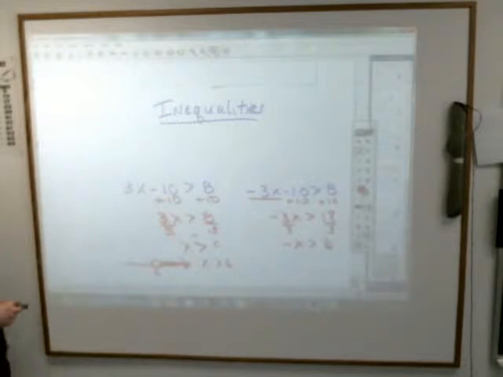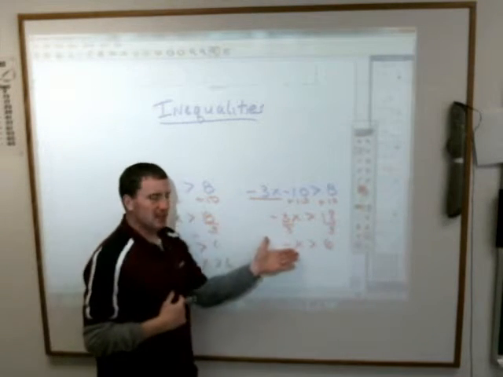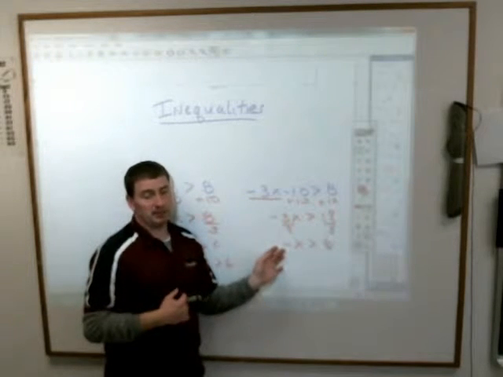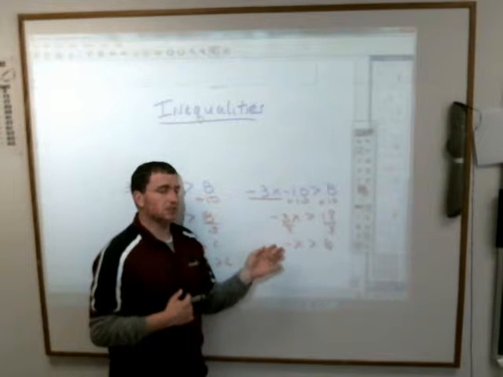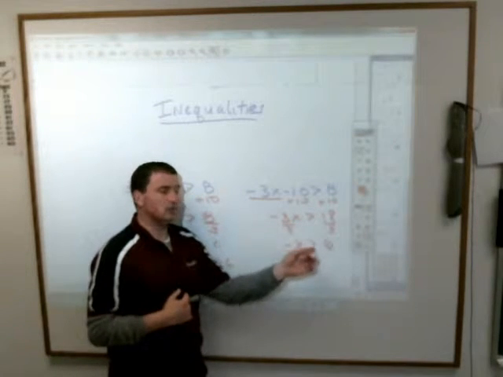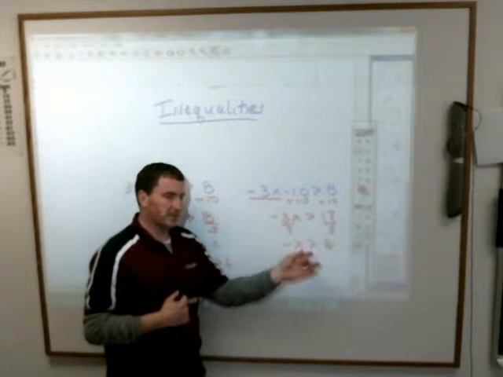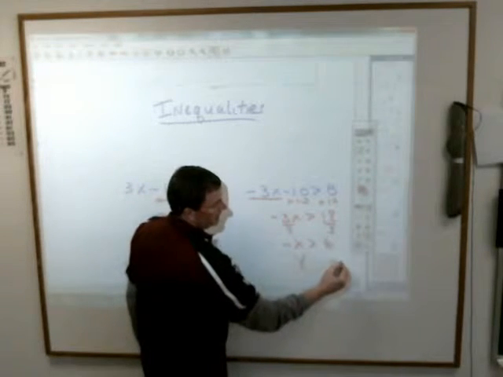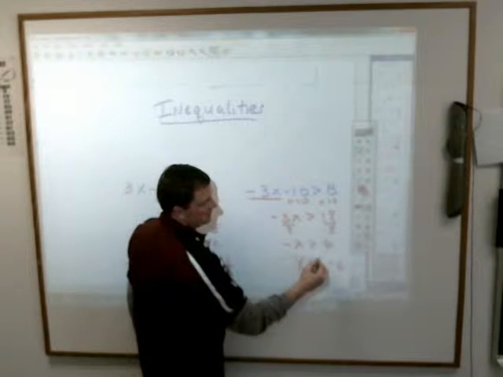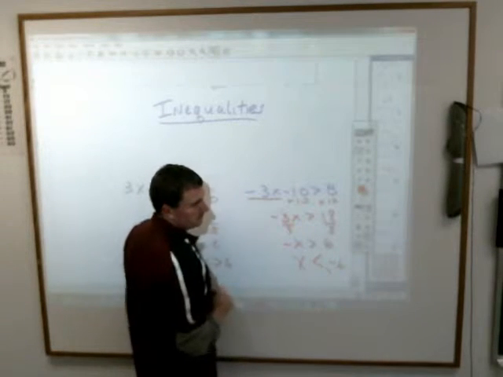Since I'm not allowed to have that x be negative, I can change it to a positive under the condition that I change everything else to its opposite, including the inequality sign. In other words, I can make this positive, and I can make this negative 6, but I have to change the sign to its opposite.